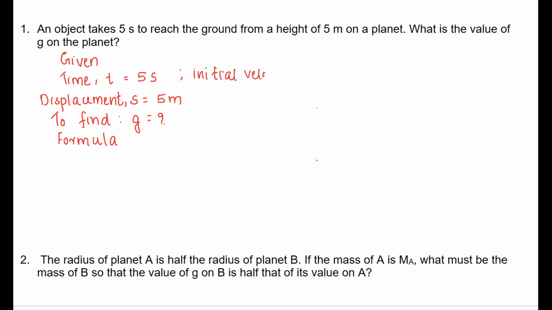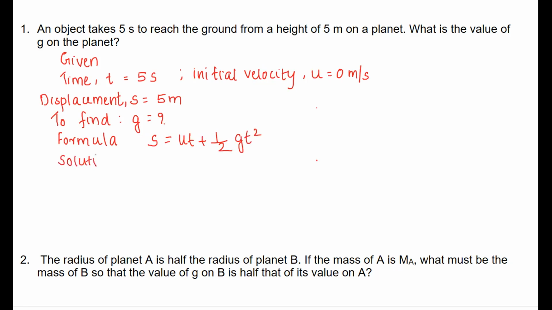Initial velocity, that is u is equal to 0 meter per second. And we know that S is equal to ut plus half gt square, Newton's second equation of motion.